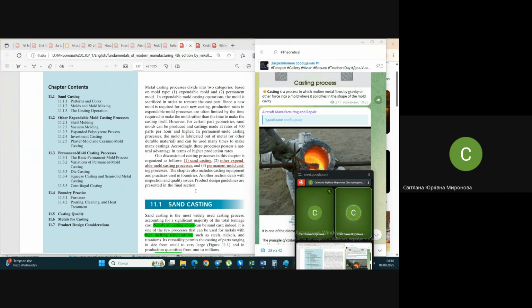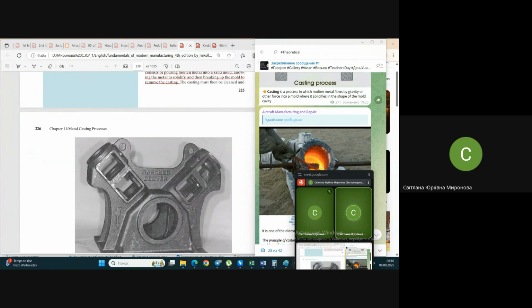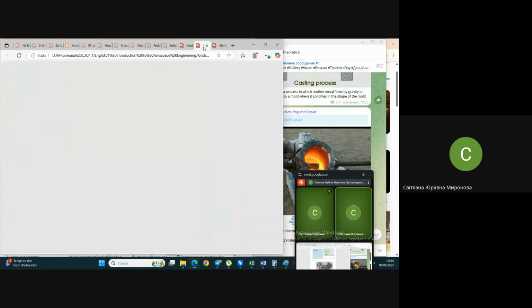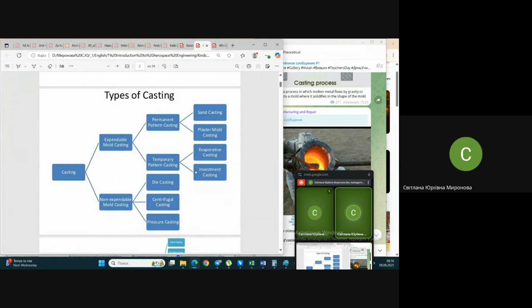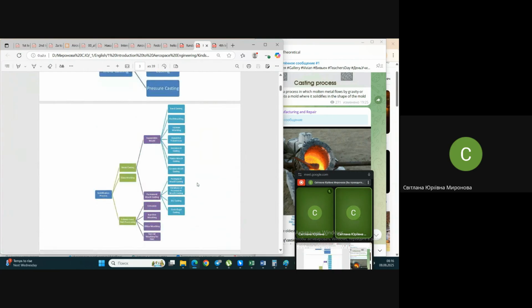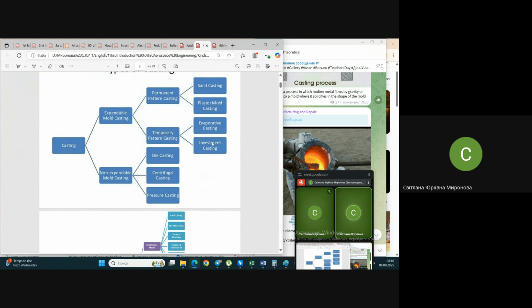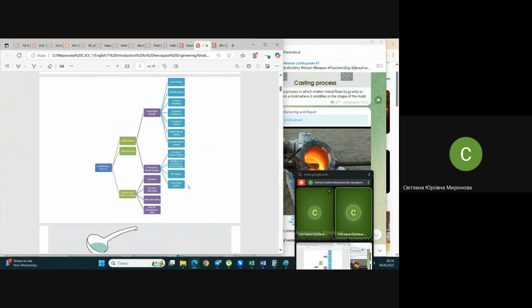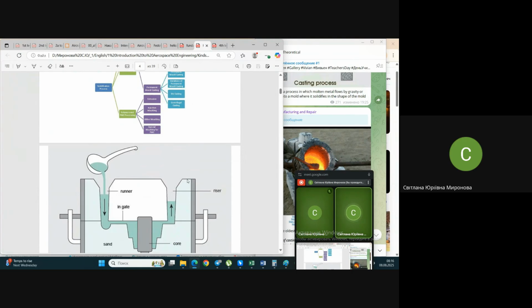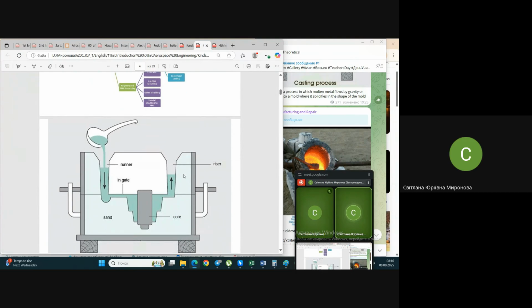In our understanding, we just have different names like sand casting, plaster mold casting, evaporative casting, investment casting, die casting, centrifugal casting, and so on. We are not much classified in different groups. Let's go into some of them to understand what it comes about.